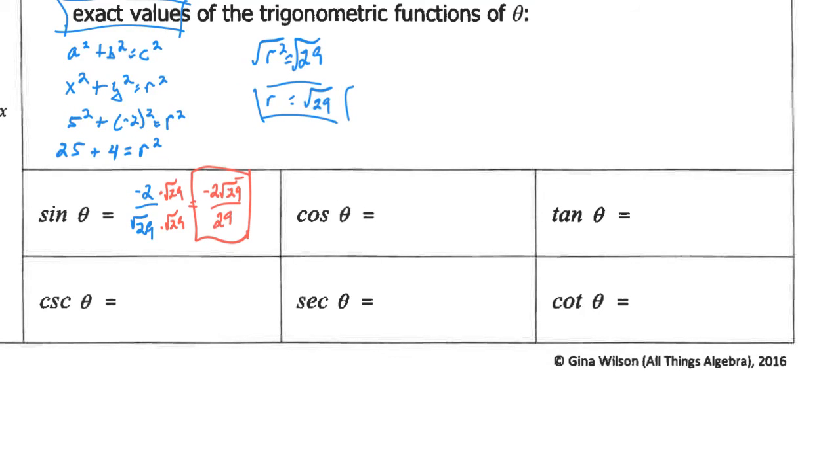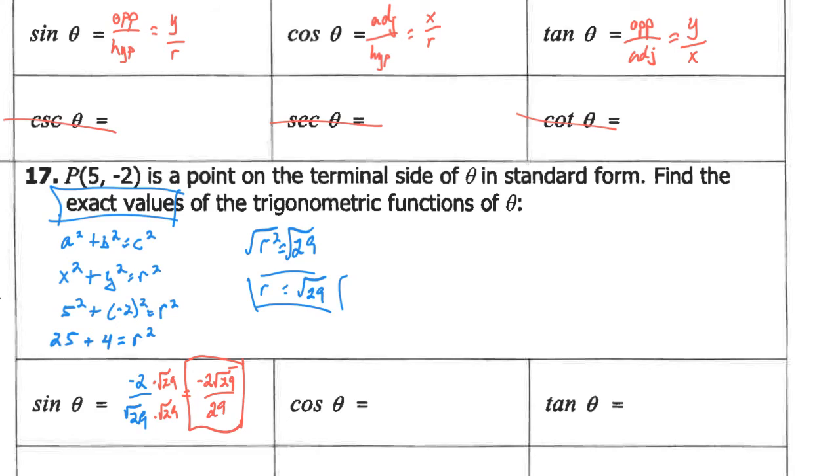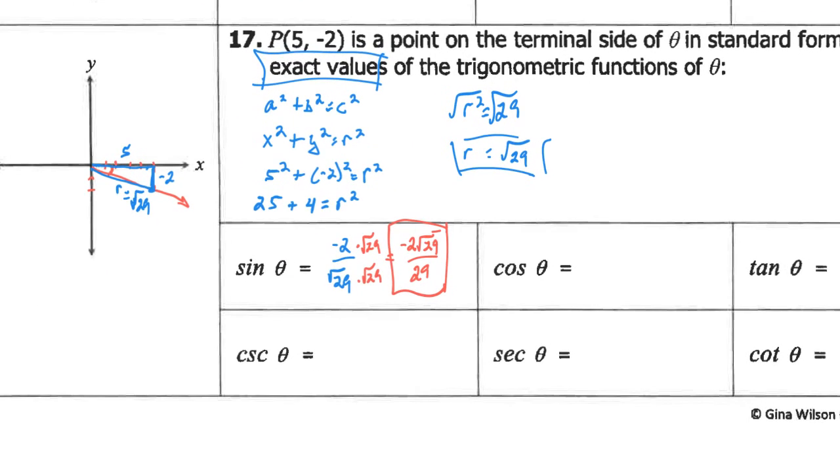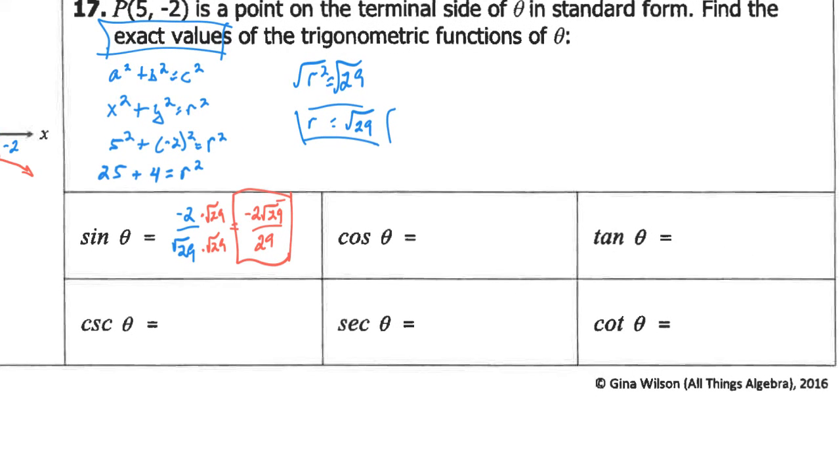All right, moving on to the cosine. The cosine was, if we go back up here, cosine is x over r, or look at your triangle. And that'd be the x was 5, the r is radical 29. So the cosine is going to be 5 over radical 29.